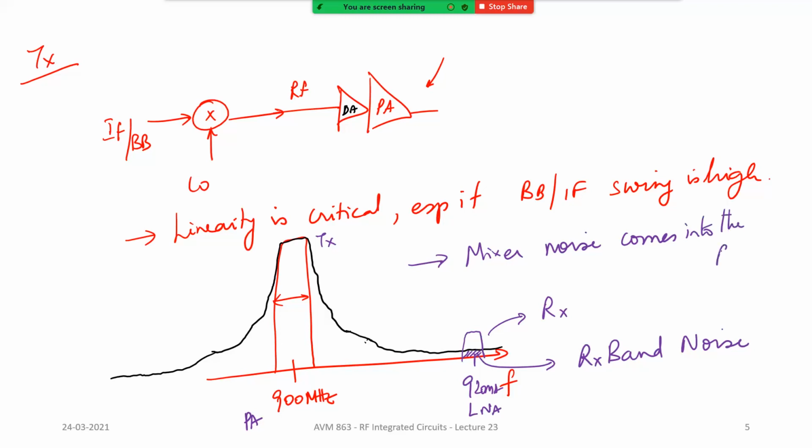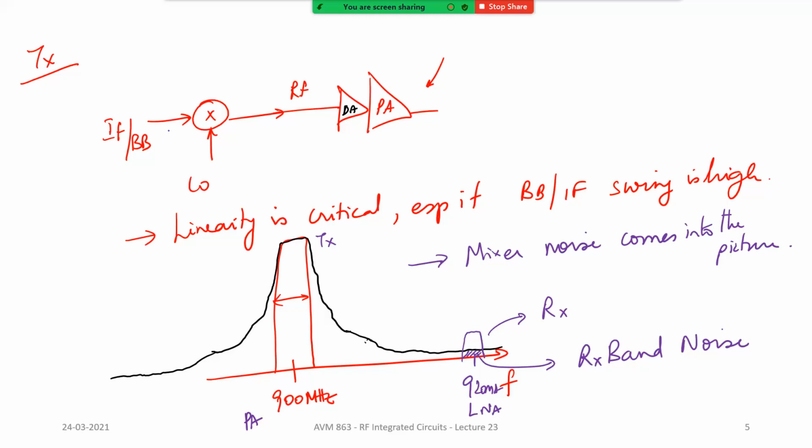You understood? For the actual transmit band, your signal to noise ratio is extremely good because you're generating the whole thing from your chip, right? You'll have a D2A converter, your modem has digital bits coming out, you have a D2A converter, and then you have a low pass filter, some gain elements and so on. So the SNR here at the input of the mixer at the IF port is extremely good.